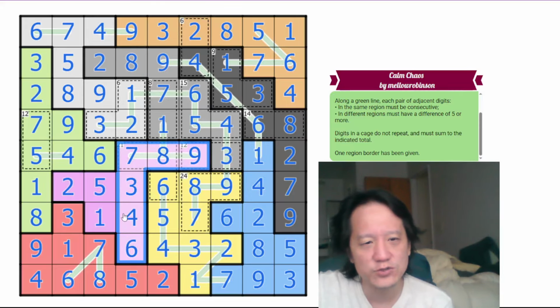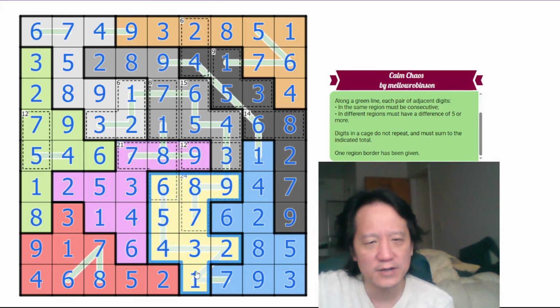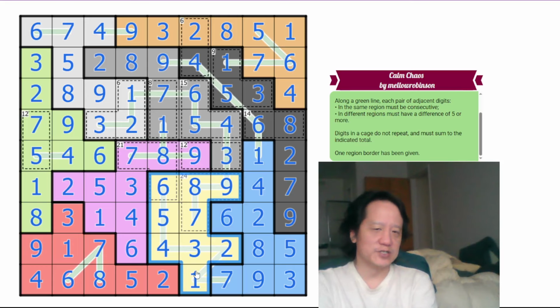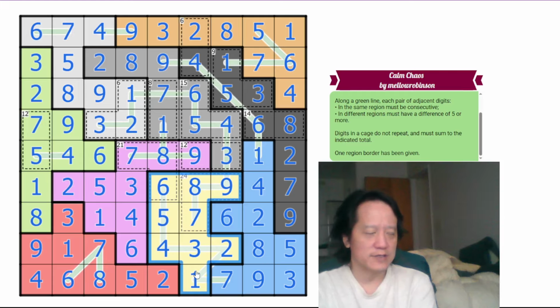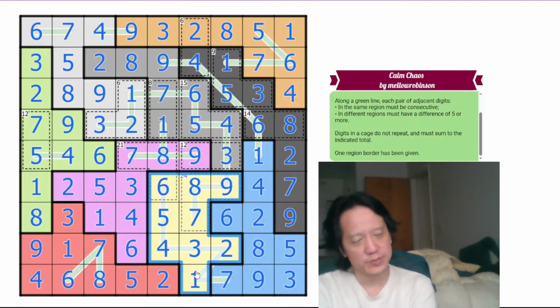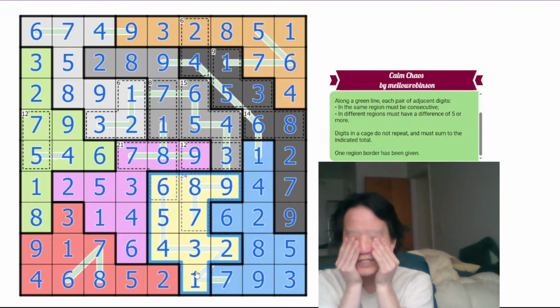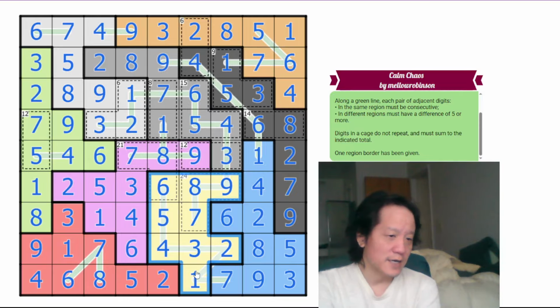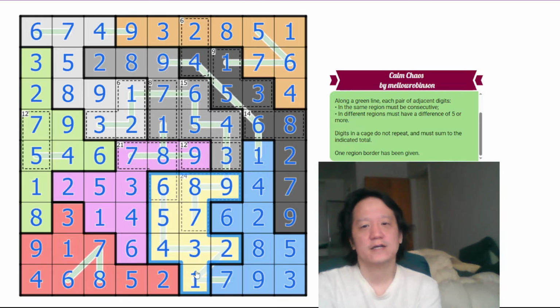But even just constructing these things, I don't think it was easy. Maybe it's just something about the way that I do things. This is probably one of the easiest chaos constructions you could do, but chaos constructions always seem to be a little bit more difficult than easy. Let me know what you guys think.